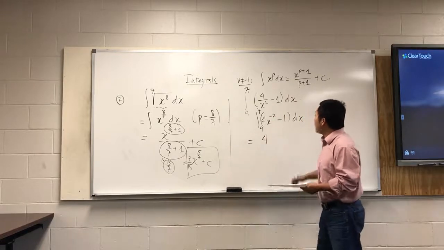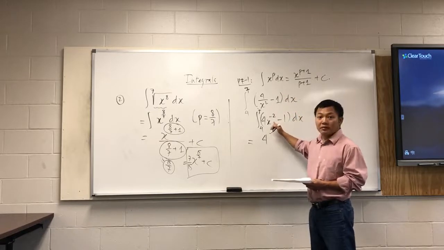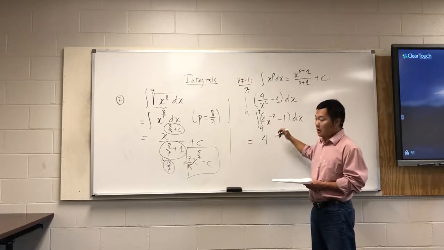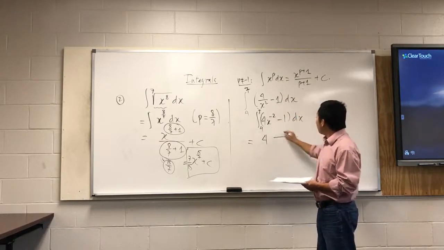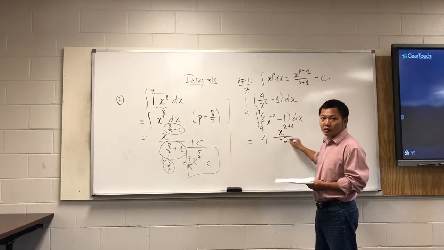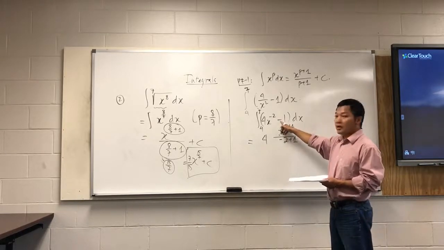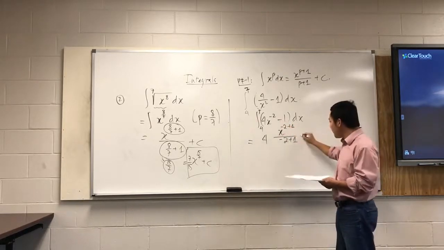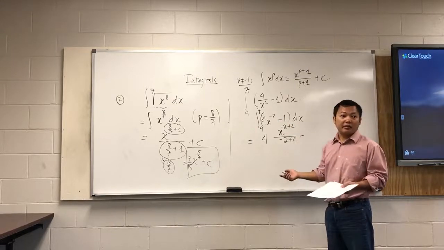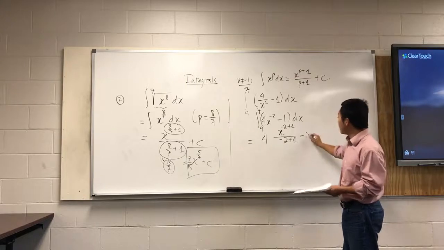It's just a coefficient. Now I apply the power rule for x to negative 2, where p is equal to negative 2, right? So I have x to negative 2 plus 1 over negative 2 plus 1. I just copy that. And then for negative 1, negative is negative, and the antiderivative of 1 is x.